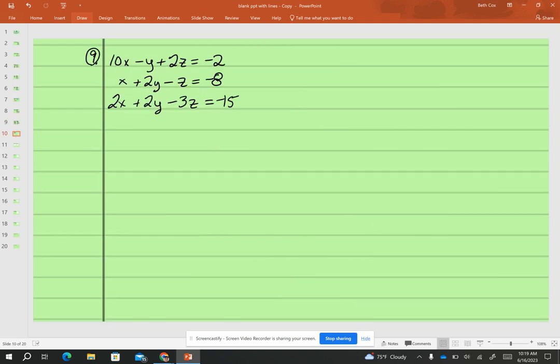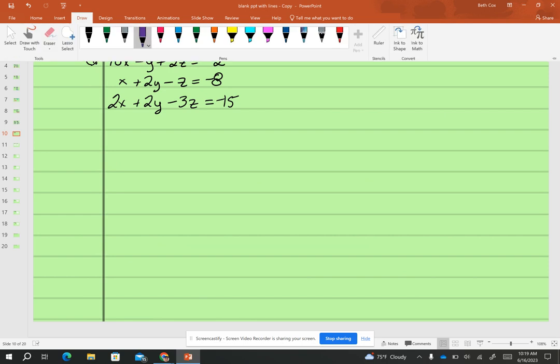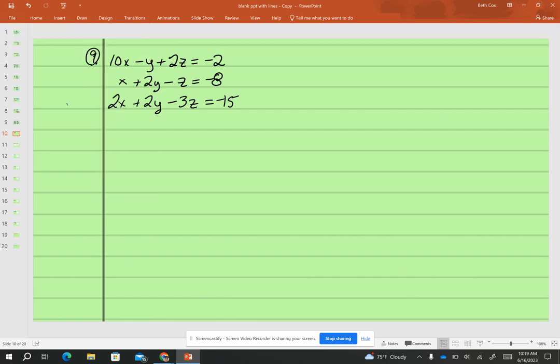Very similar. We're going to do the same thing. We have 5 steps. I'm going to call this one A. I'll call this one B. I'll call this one C. I'm going to eliminate the variables. I think I'm going to do the y values this time. I get to choose what I want to eliminate. The first one I did x's just because, and now I'm going to do y just because. So I'm going to take B and the opposite of C, and I'm going to eliminate the y's.